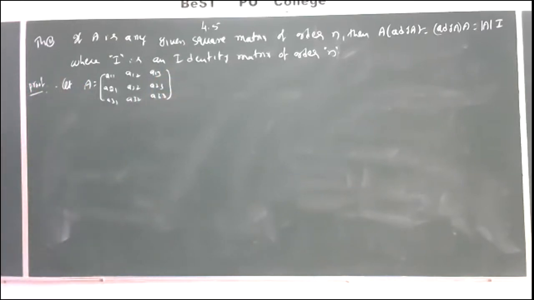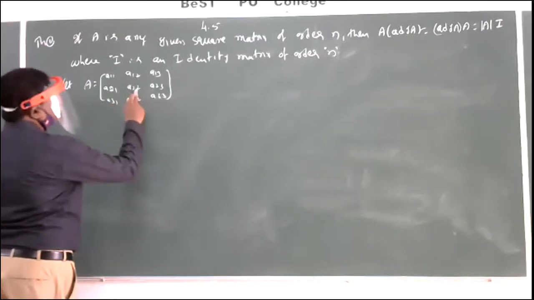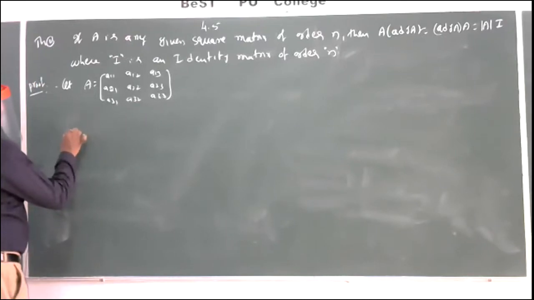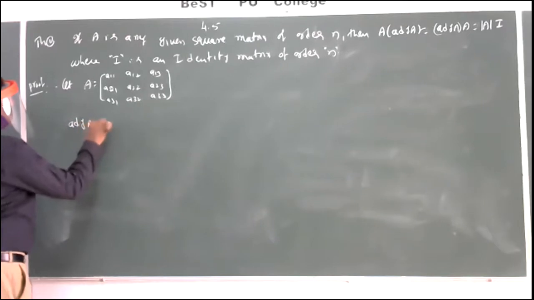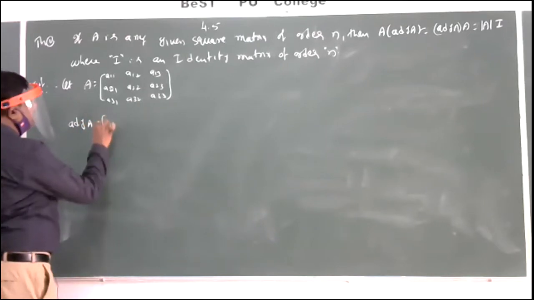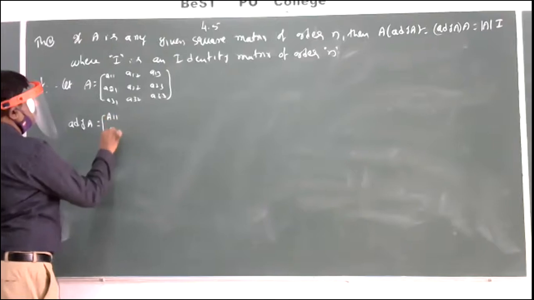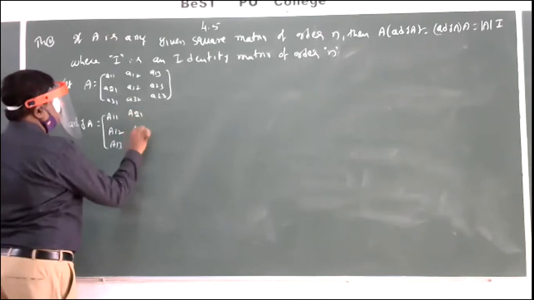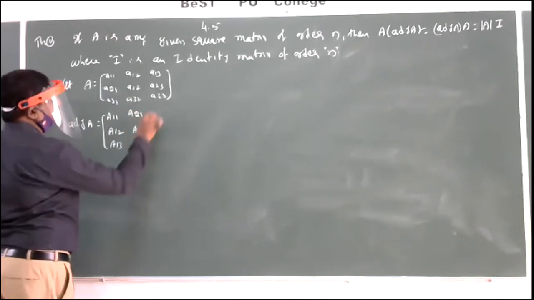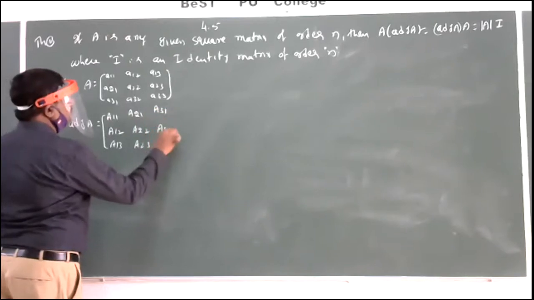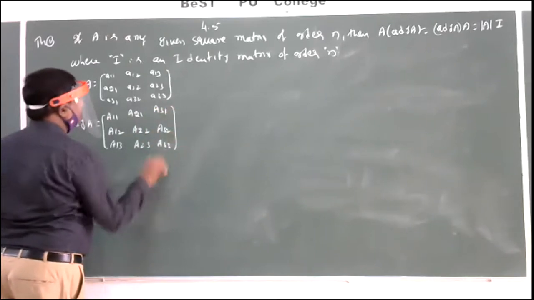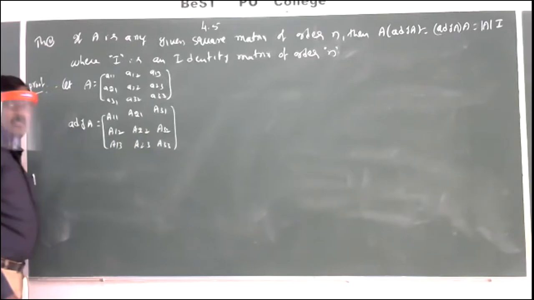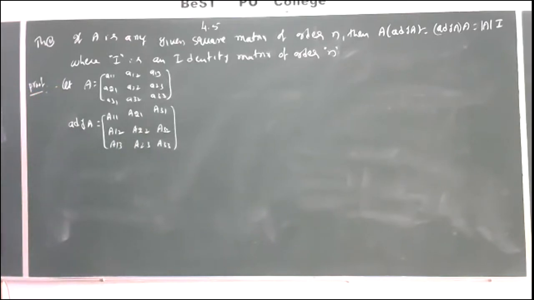Now, adjoint A equal to capital A11, A12, A13, A21, A22, A23, A31, A32, A33.